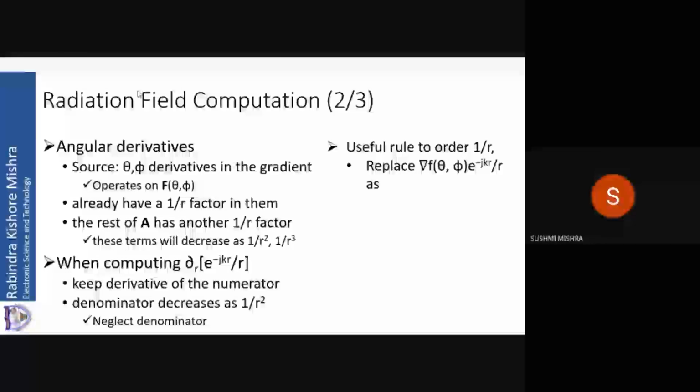Since we are interested only in 1 by r, we can always replace grad of f theta phi into e to the power minus jkr upon r by del. Grad is the del operation. So del we can always replace as minus jk r cap, where k is the vector k equal to k r cap.